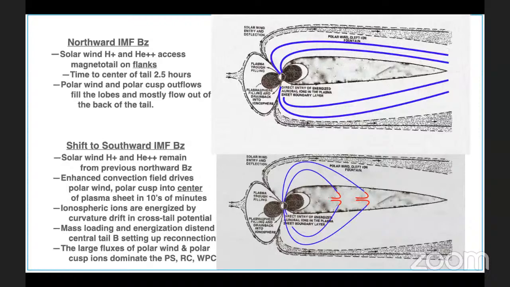The ISIS observations, which I'm very familiar with: we measured the ion conic distributions at 1,400 kilometers, and they had energies in excess of hundreds of eV. We saw them in the cusp. We didn't really see them in the polar cap itself on the open field lines, but on closed field lines at pretty much all local times. That's what I was referring to.